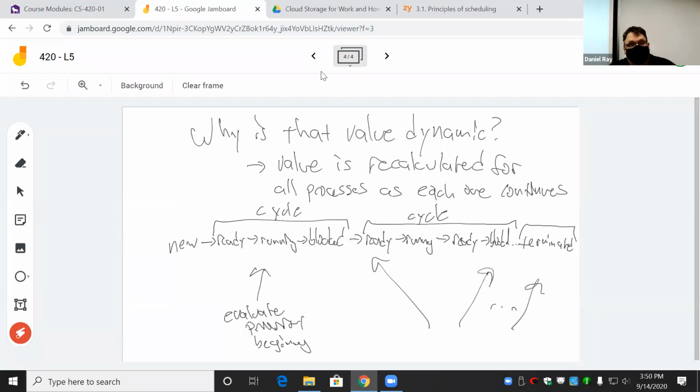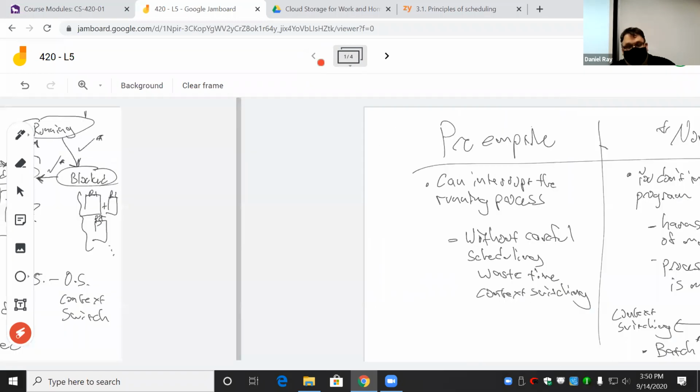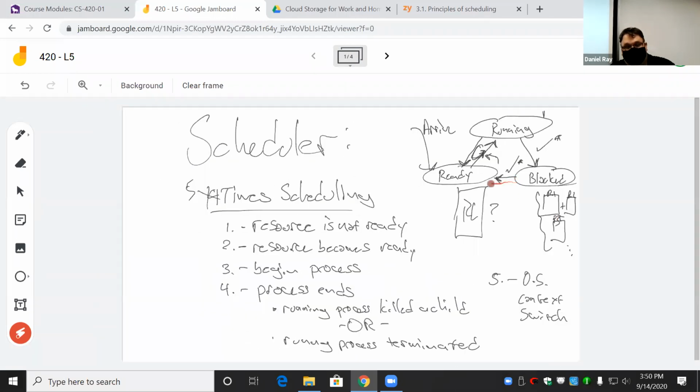So in other words, every time we make this transition from blocked to ready, with the exception of the first time when we are new. When we're new, we're given a priority, and every time we go from blocked to ready, we're given a priority.